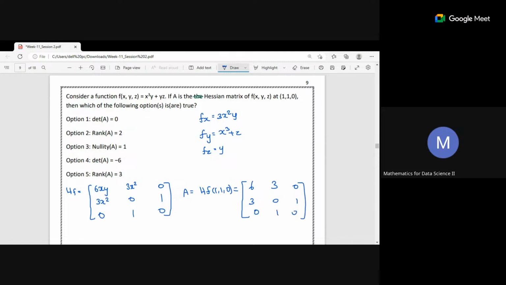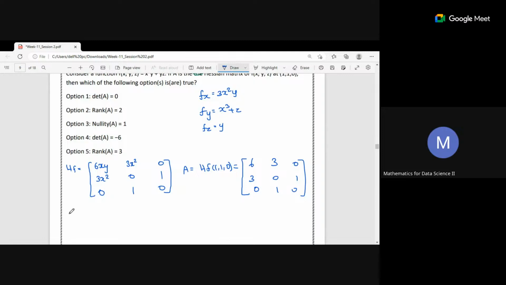So what is the determinant of this matrix? Calculate quickly and tell me.